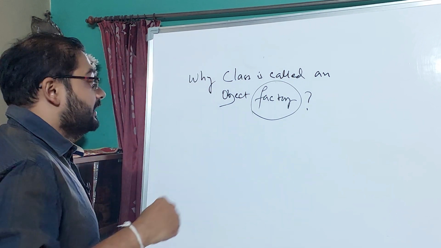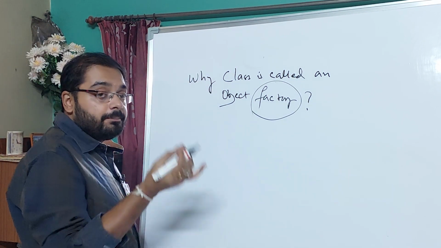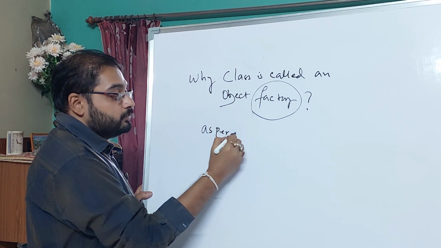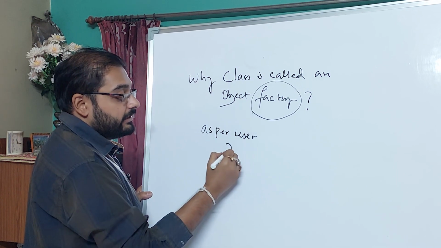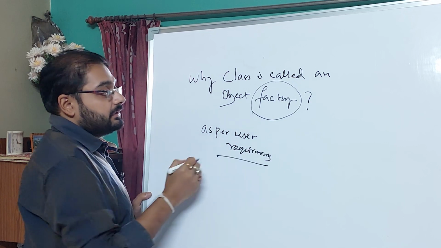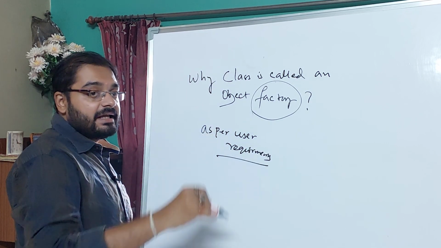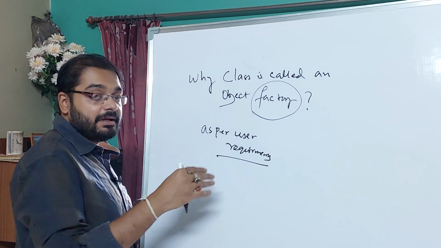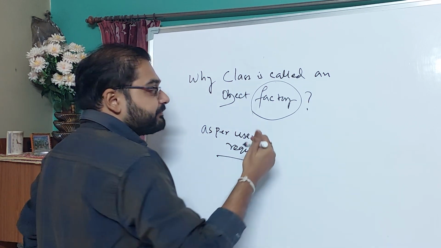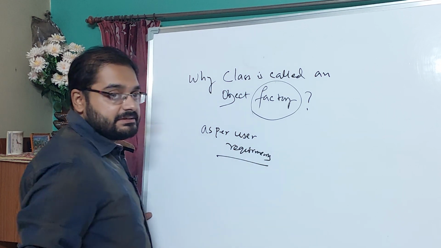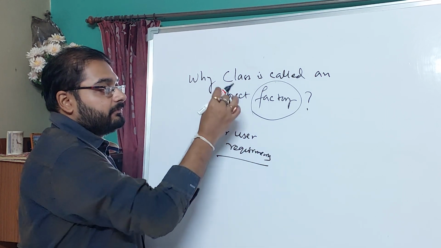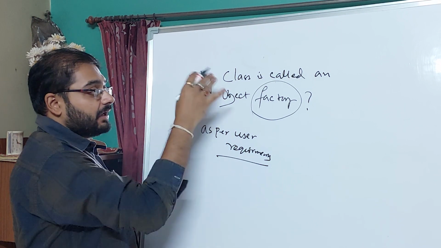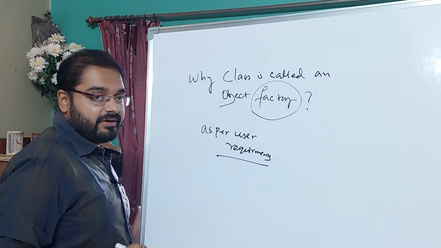Huge bulk means we can create objects from the class as per user requirements. That means from a class we can create objects as per our requirements. There is no limit on creating objects from the class. For this reason, class is called an object factory.